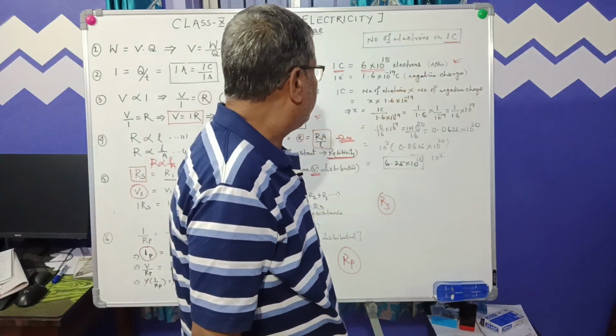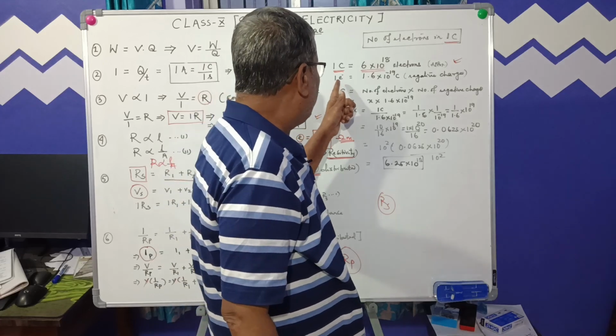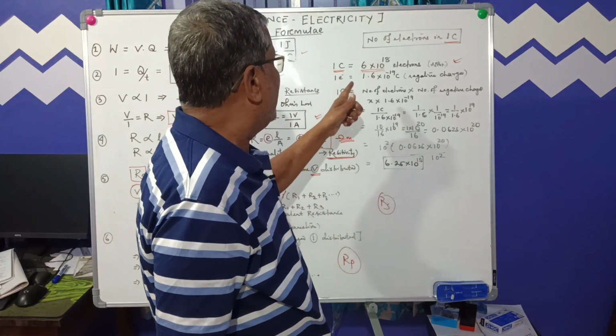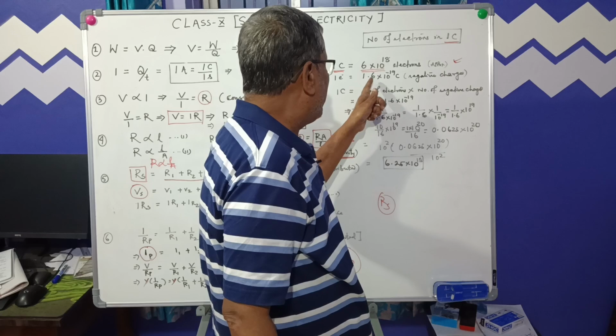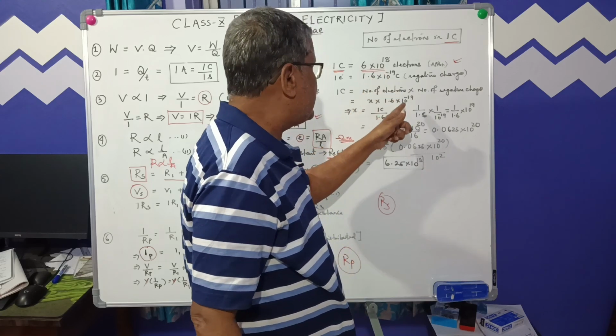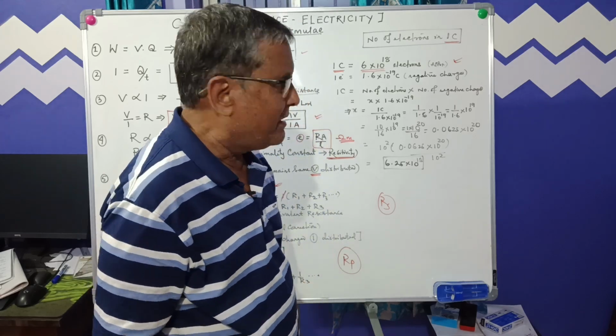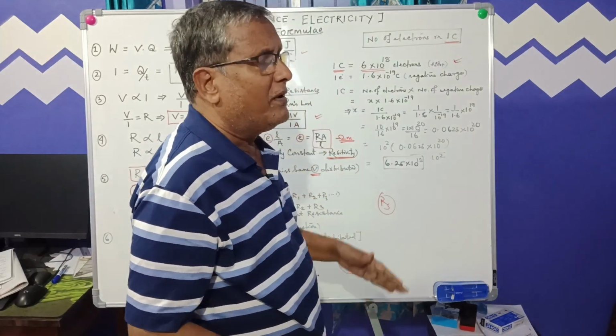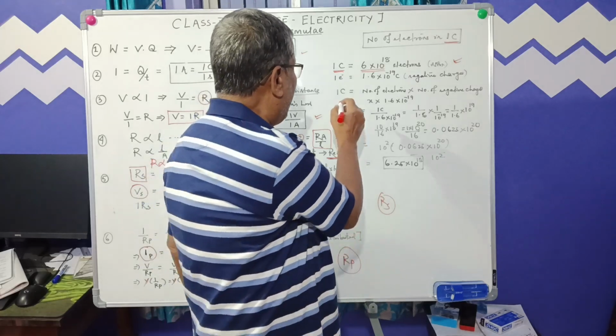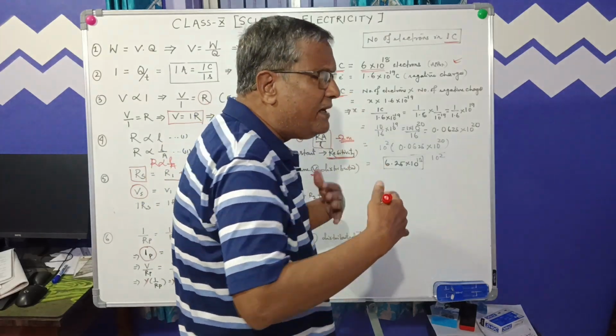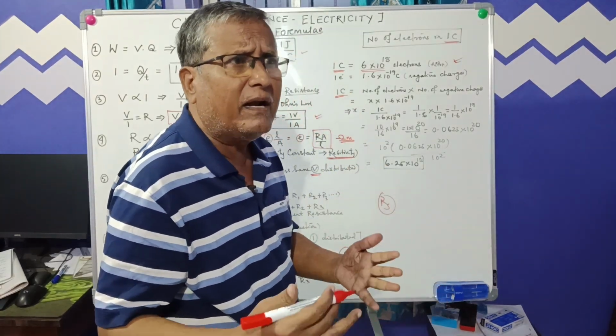This question is given in-text in your textbook. So let's find out. We know 1 electron contains 1.6 into 10 power minus 19 coulombs of negative charge. Now apply this formula. 1 coulomb of charge contains how many negative charges?